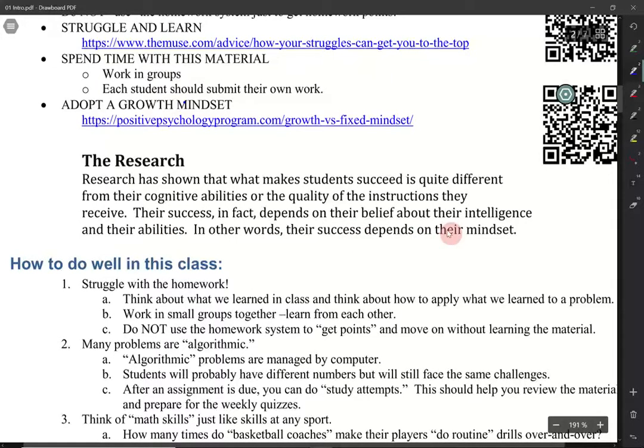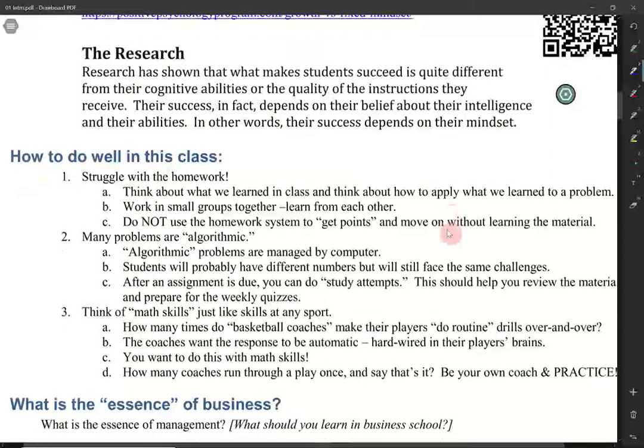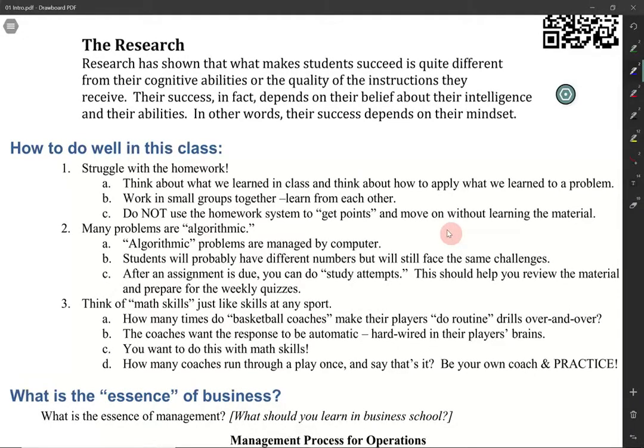A growth mindset says that the more time you spend with something, the better at it you'll get. Some of the problems that you may find in this course, hopefully, are a little bit challenging. Not too easy, but challenging, just the right level where you can be a little bit confused and struggle and learn through that and grow from that experience.